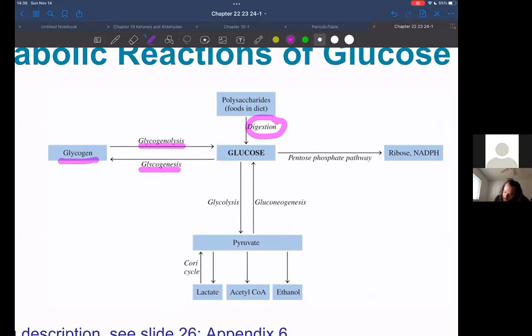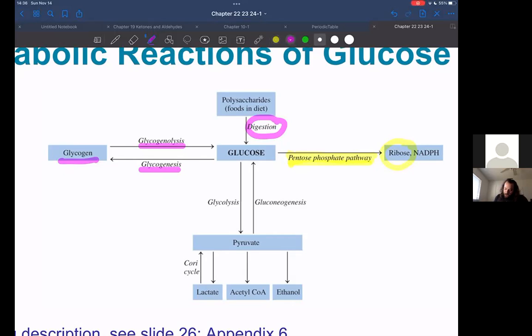There's something called the pentose phosphate pathway that I am going to just gloss over because I don't think we need to know the details about it. But that's how we create stuff like ribose, which is used in RNA, as well as then later on converted to deoxyribose. So this is how we create those sugar building blocks that we use in RNA and in DNA, which is of course a very important component of the cell. Those are generated through what's called the pentose phosphate pathway.